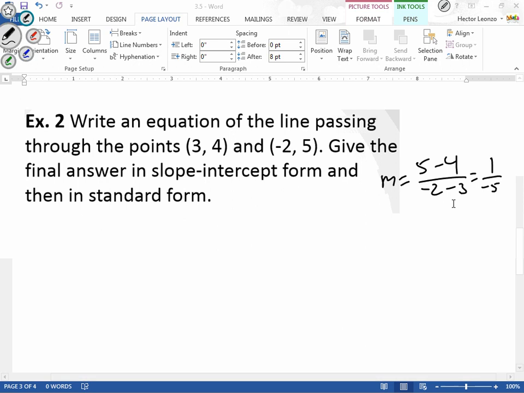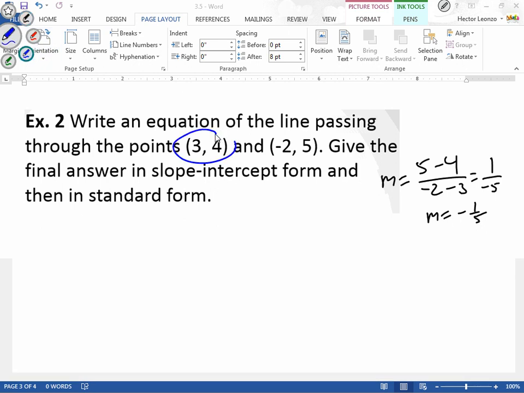So when I simplify it, my slope is going to be -1/5. Right, positive divided by negative, my slope is -1/5. So now I have a slope. Remember, for me to use this section, I need 1 point and I need 1 slope. I have the slope, but I only need 1 point. I have 2 points. To be honest, pick whichever point you want. From the 2 points, pick any of the 2.